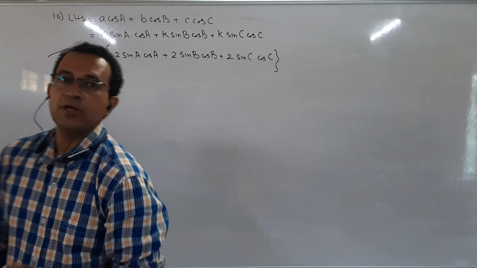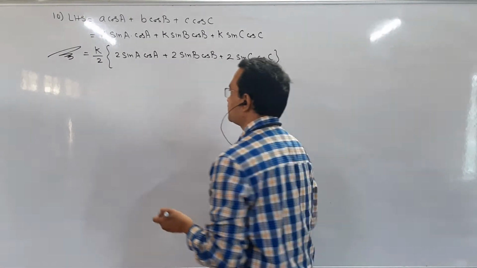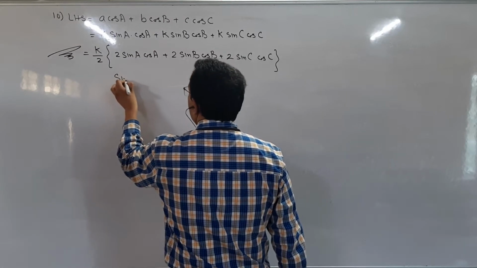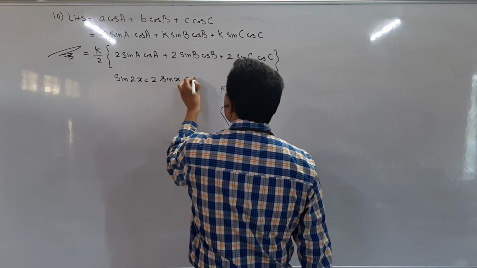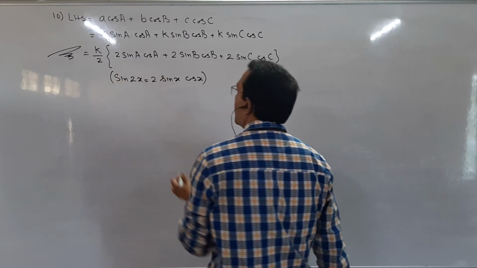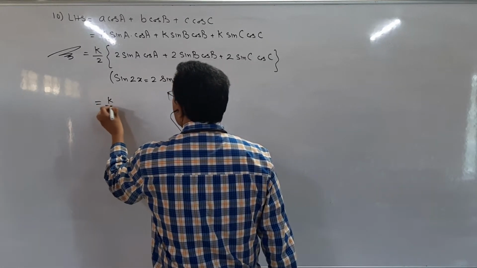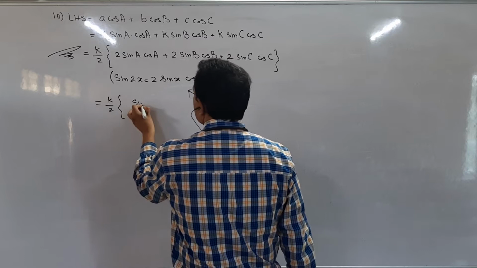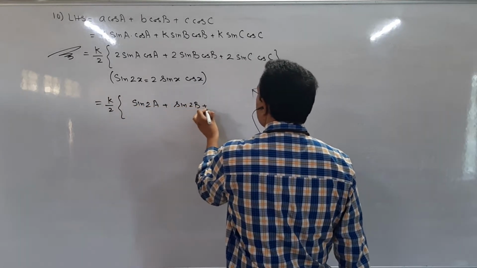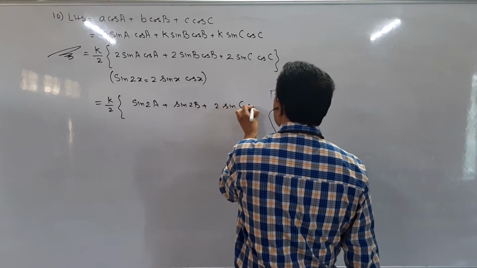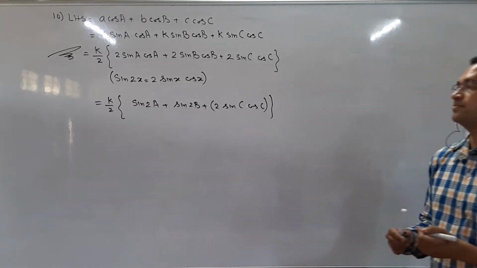To apply the formula of sin 2 theta, which is 2 sin theta cos theta. sin 2x is 2 sin x cos x. So I am writing k by 2 into sin 2A, sin 2B, and this I am intentionally keeping as it is. It will be justified in the next step.